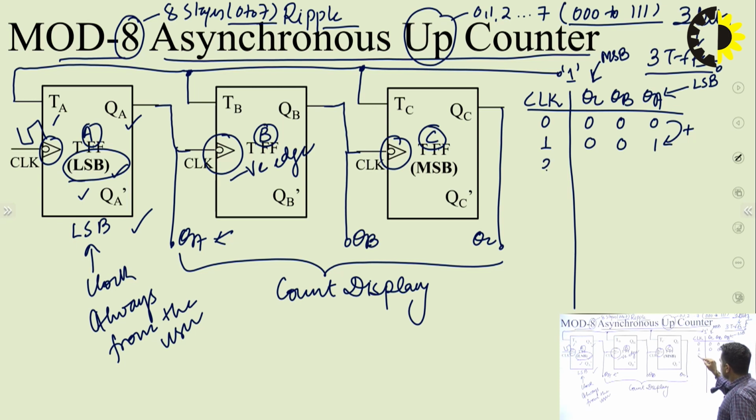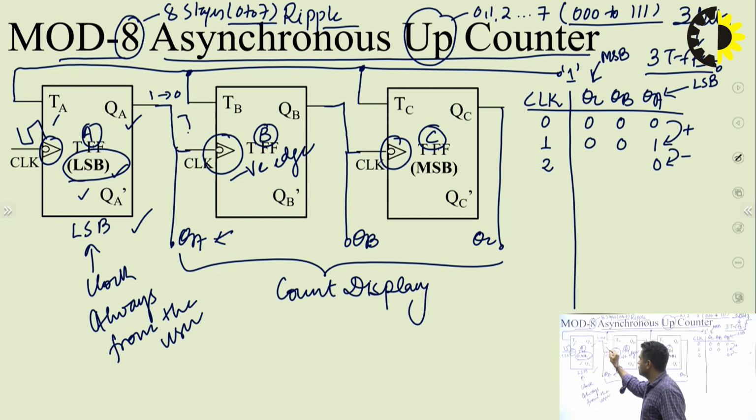Now coming to the second pulse. Again this second pulse is applied to the LSB flip-flop, so it will again toggle. That means this will change from 1 to 0. Now this 1 to 0 is a negative edge. That means the B flip-flop, which is connected to this QA, sees this 1 to 0 transition. That means the negative edge transition is available at flip-flop B, so B can toggle now.